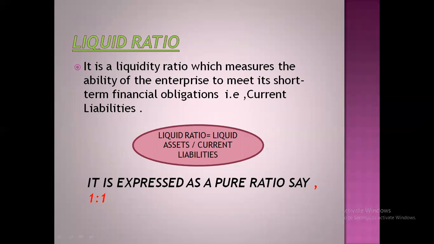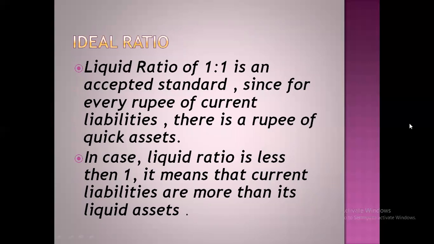Now liquidity ratio. The formula to find out the liquidity ratio is liquid asset upon current liabilities. Liquid assets are more liquid than the current assets. Liquid ratio measures the ability of the enterprise to meet its short-term financial obligation. It is a pure ratio and the ideal ratio is 1:1.